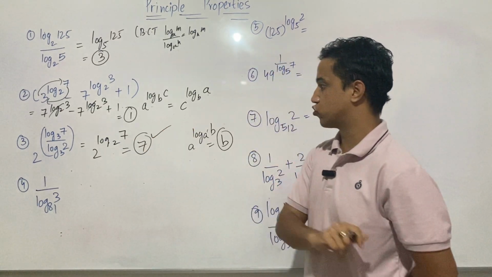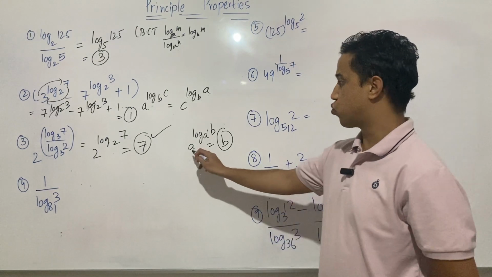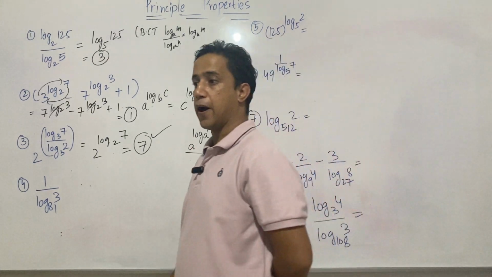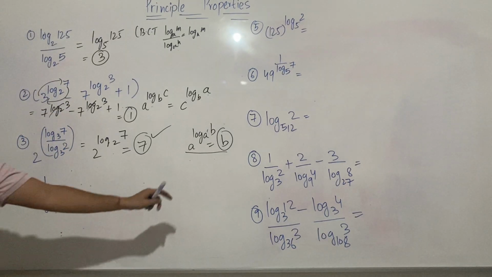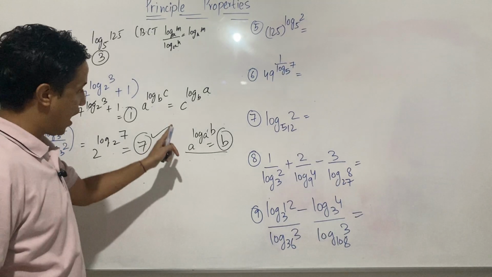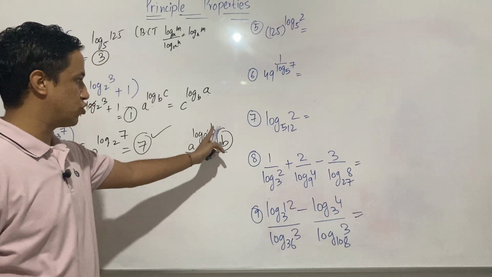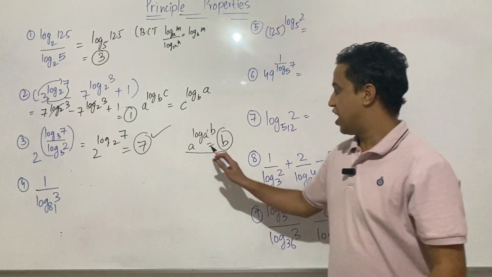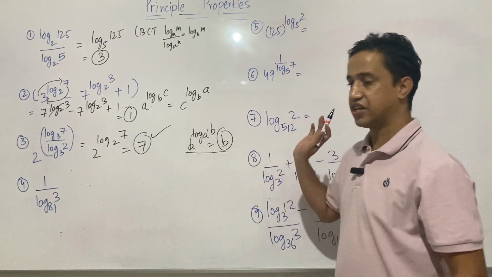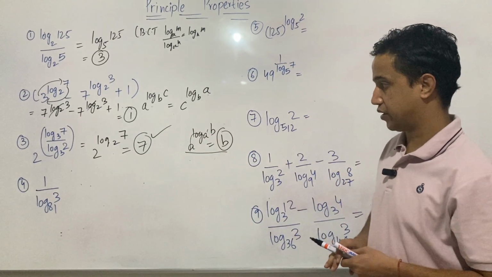So 7 is going to be your answer. Okay, this is one of the principal properties of logarithm. Okay, so it says that if you have a raised to the power log of b to the base a, then something happens that cancels these things and it will be left with b, right?